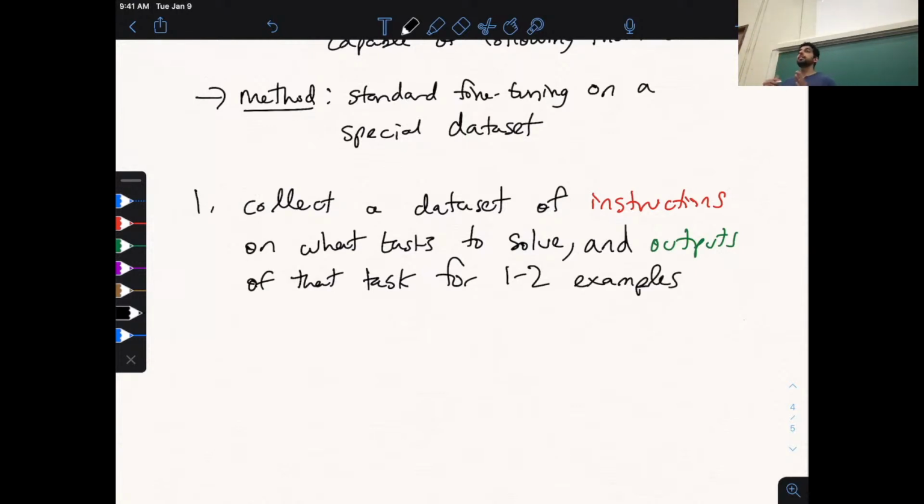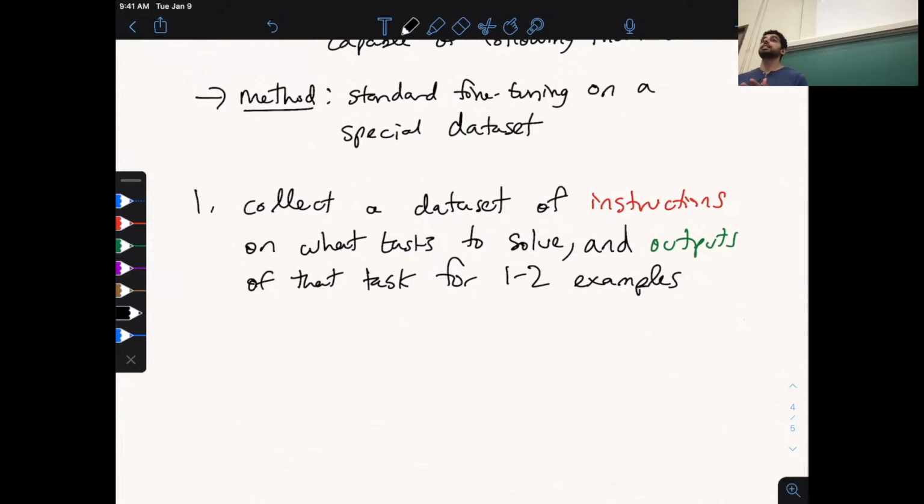So the goal here is not to solve one particular task, but instead to teach a model how to follow instructions to solve arbitrary tasks. And so here, sentiment analysis could just be one example of an instruction. I might have an input like, please assess the sentiment of the sentence from 1 to 5, and then give it the input, and then have a corresponding output that the model needs to generate.